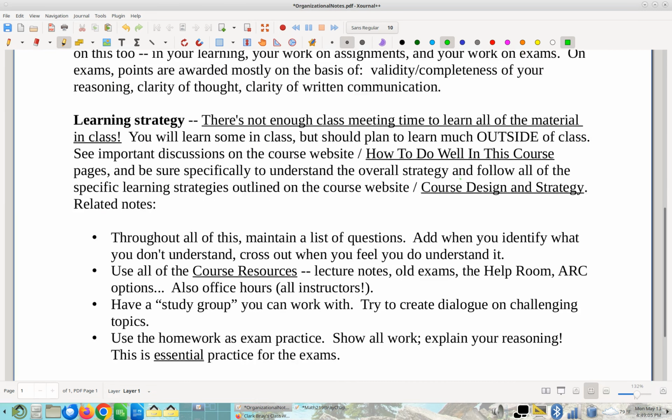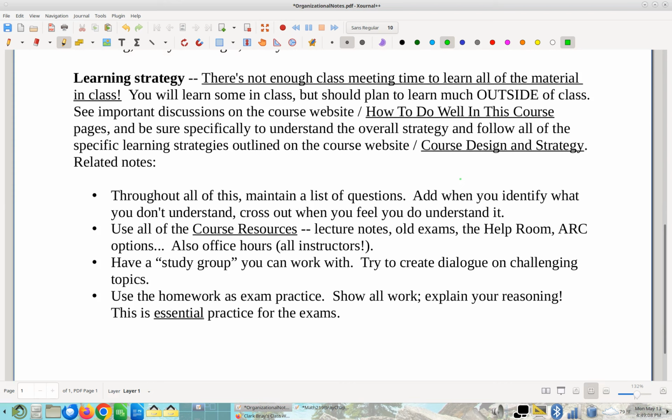Moving along, the learning strategy. This is a subtle one. Every course is set up differently. A lot of high school courses, certainly when I was in high school, were set up so that the learning would happen in class, and then outside of class there would be homework exercises whose purpose was to polish your skills and execution, but it wasn't really supposed to be for learning.